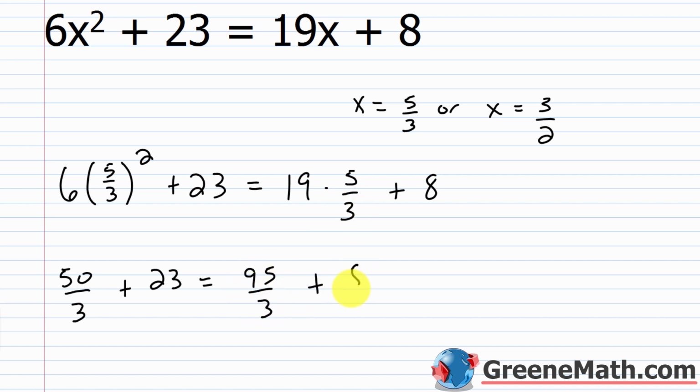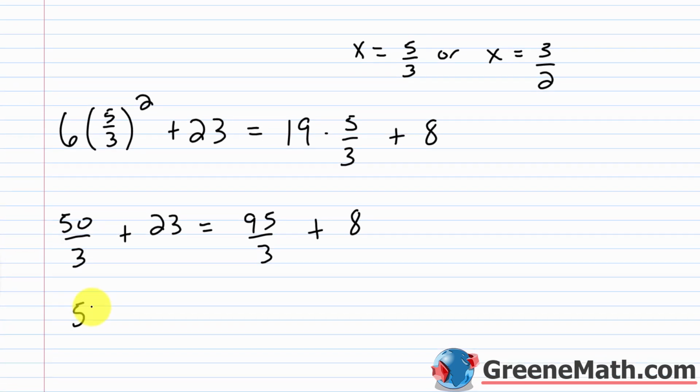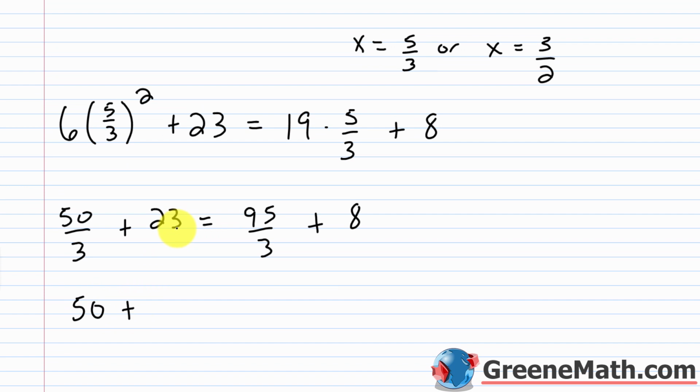Then plus 8. Now, I can get common denominators, or I can just multiply everything by 3. In other words, since it's an equation, if I multiply everything by 3, according to the multiplication property of equality, I'm still good to go. So if I multiply this by 3, I'd get 50. Then plus, if I multiply 23 by 3, I'd get 69.